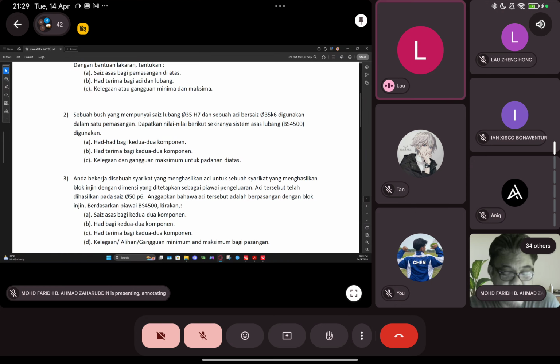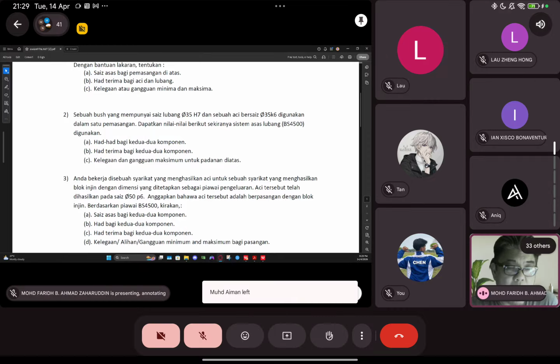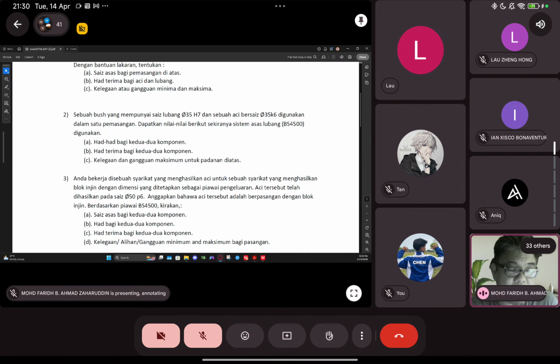I think it's like 30, if I'm not mistaken. What are the upper limit and lower limit for the hole when you refer to the table just now? Do you have the answer or not?